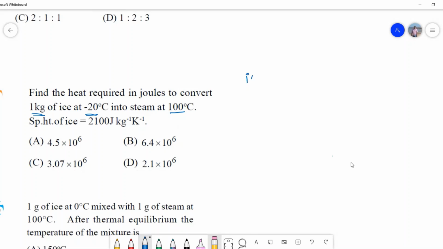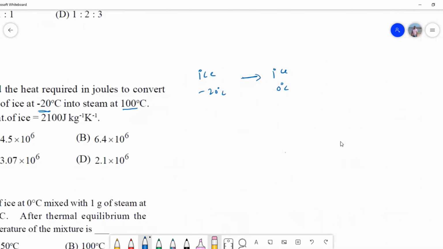Ice at minus 20 degrees centigrade on heating becomes ice at 0 degrees centigrade. On further heating, this becomes water at 0. On heating, water at 100. On heating, it becomes steam at 100 degrees centigrade.